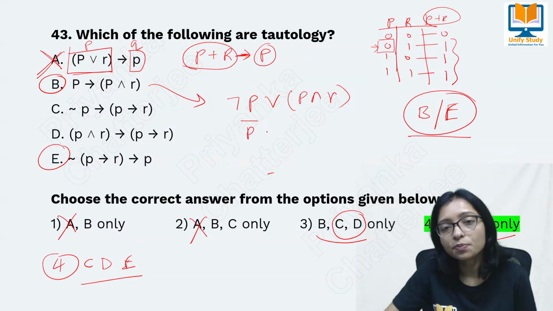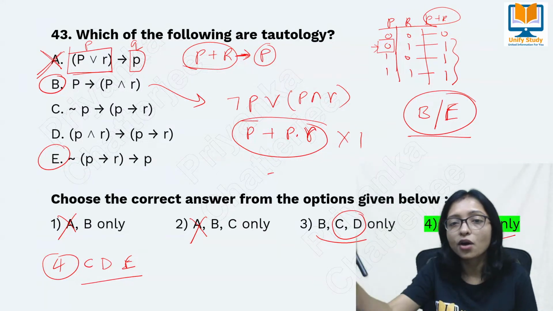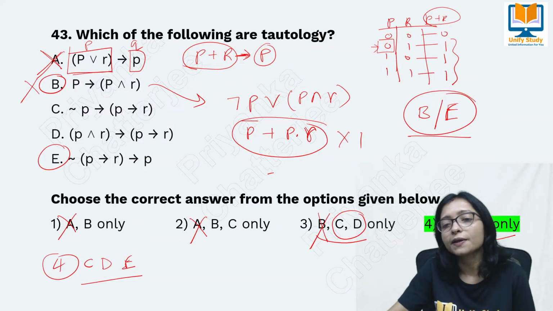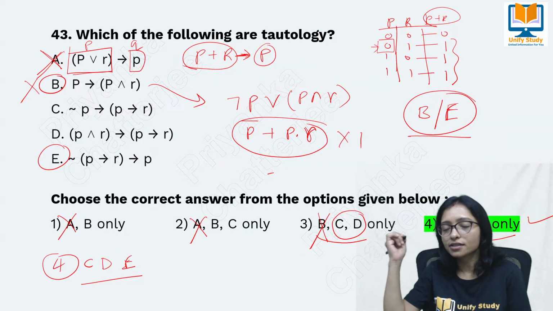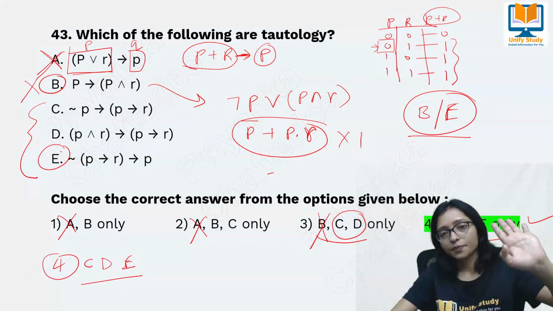That means it is P bar plus P dot R. So P bar plus P dot R, anyhow it will not be 1. Anyhow you will not get 1. So option B you are able to eliminate. Eliminate option B, and definitely it is your answer. By elimination, without doing CDE, you are getting the answer.